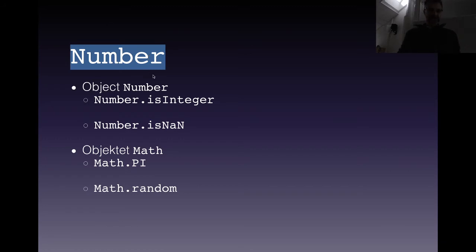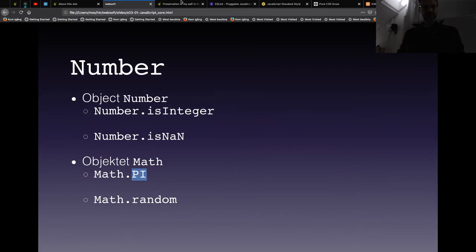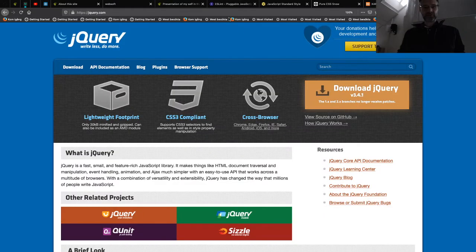So we have a function or method to check if a number is really an integer. We can also go to the object Math, which contains math functions, expressions, and constants to work with math expressions.